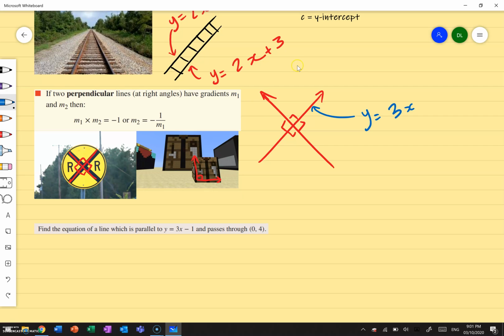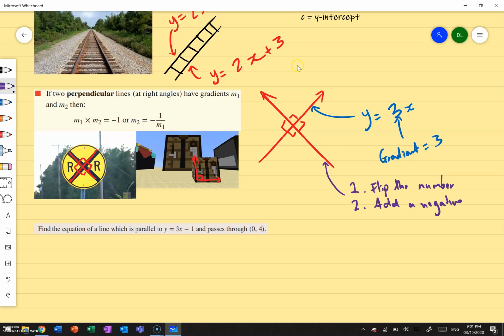What we need to do is we need to identify, well, what's my gradient? Well, we know that it's this one right there, because that's m, okay? So our gradient is equal to 3. So to find the gradient of this line here, which is perpendicular, all I do is, 1, flip the number, and I'll explain what that means in a second, and then 2, add a negative.